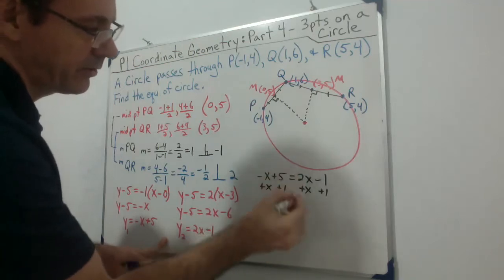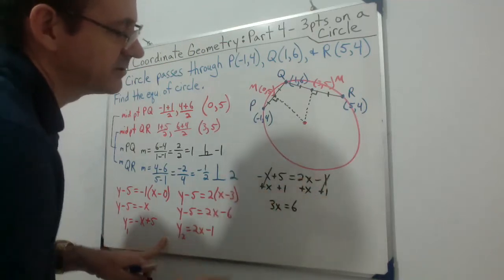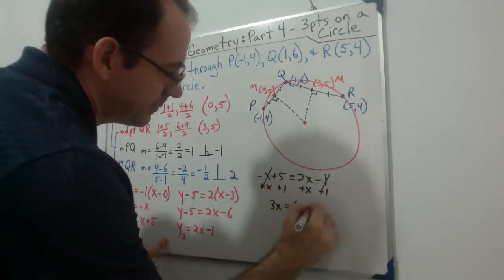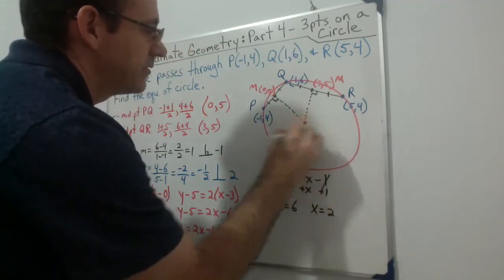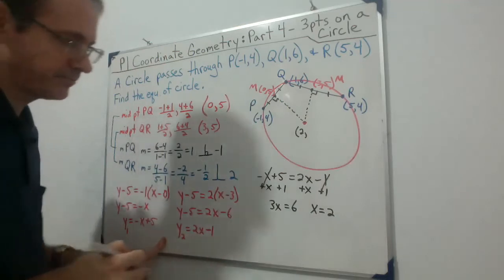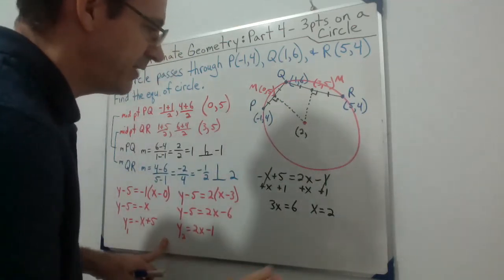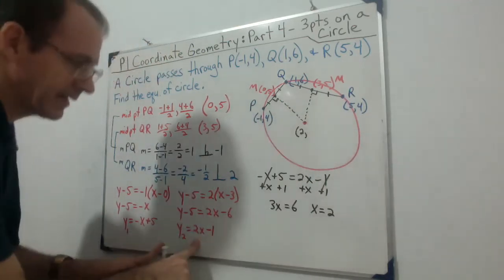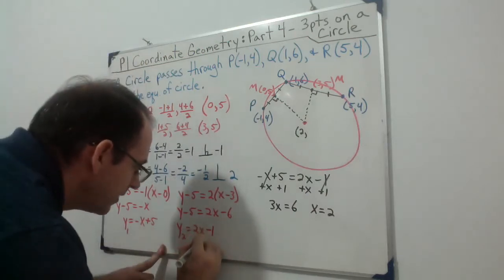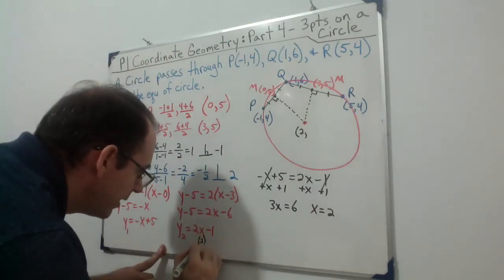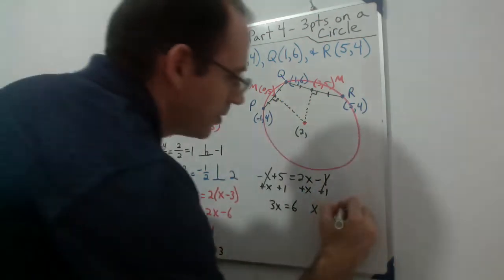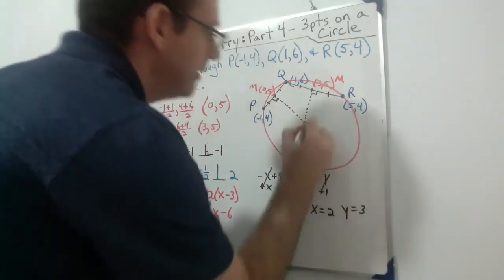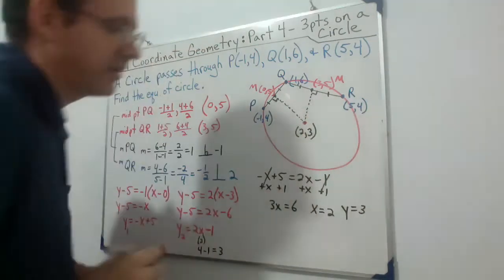So 3x equals 6, which means x equals 2. So the x coordinate of our center is 2. To find the y coordinate, we can plug it back into either one of these. If we plug in 2 here, we get 4 minus 1 equals 3. So y equals 3, and that is our center.